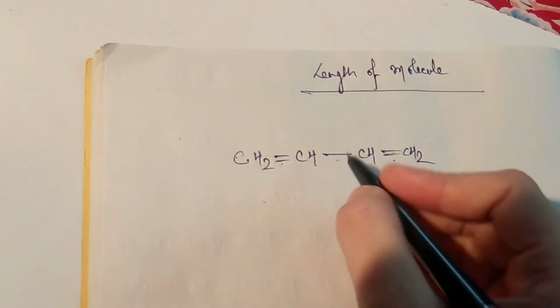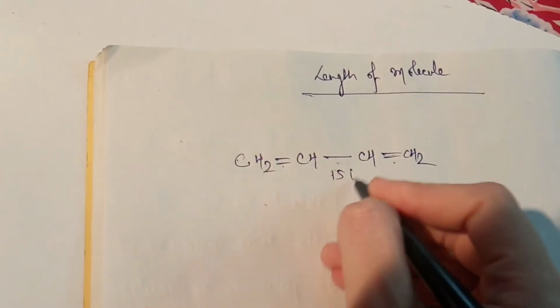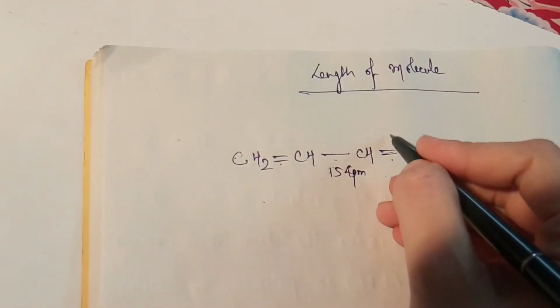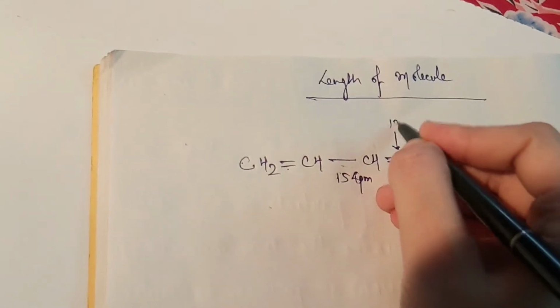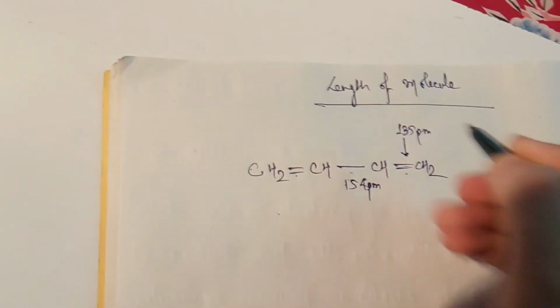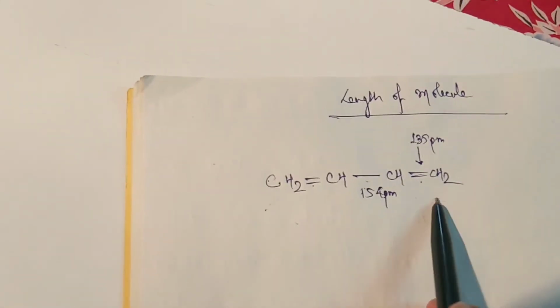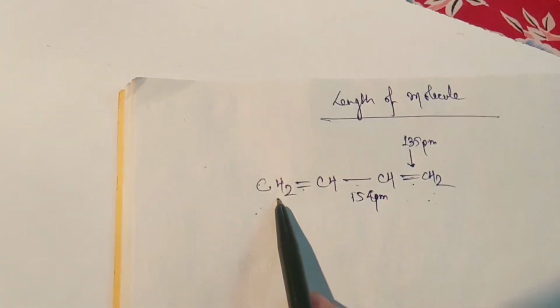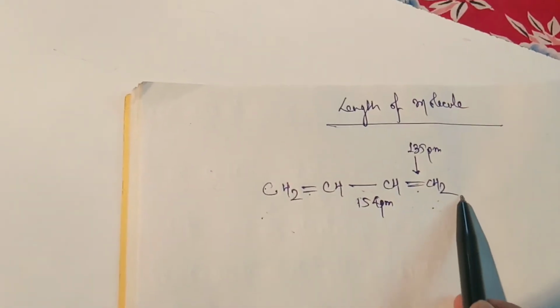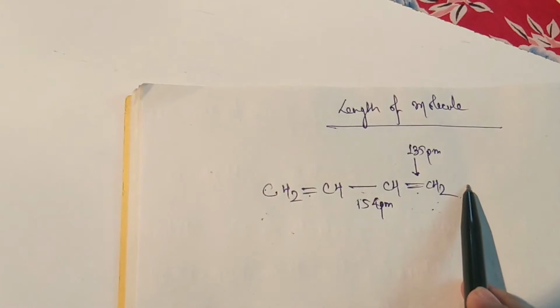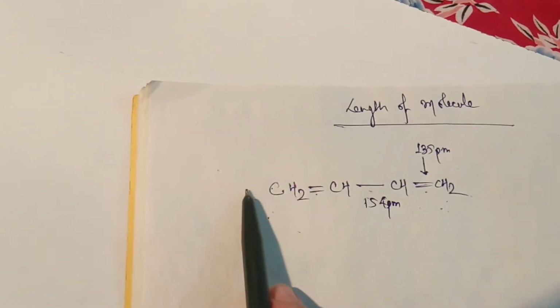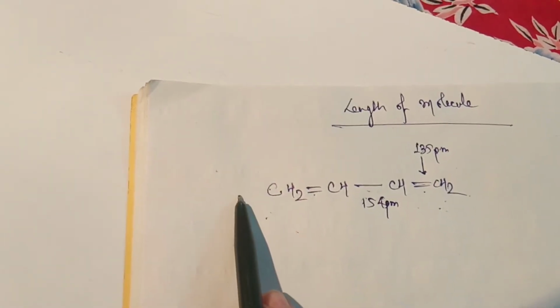The single bond length is 154 picometer and the double bond length is 135 picometer. So the total length is not only the end-to-end distance, but it is further extended by 77 picometer on the right-hand side and 77 picometer on the left-hand side. Why?